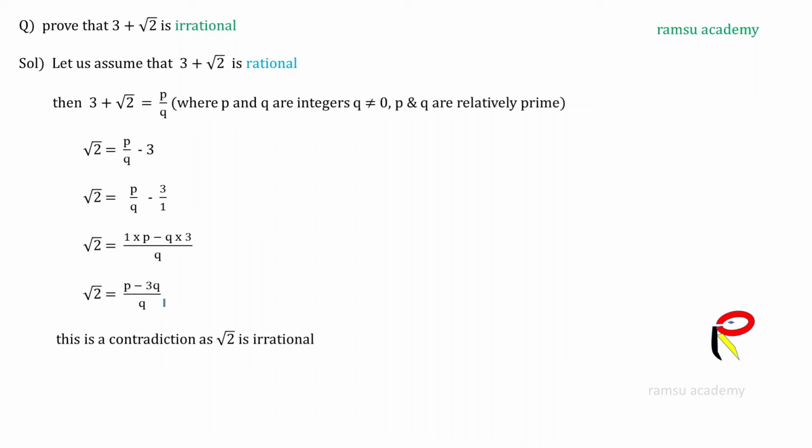But as root 2 is irrational, and we know that we cannot write irrational numbers in the form of a fraction, so this is a contradiction.